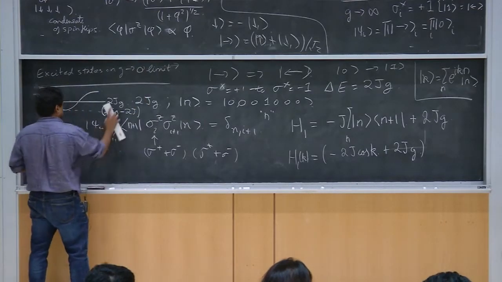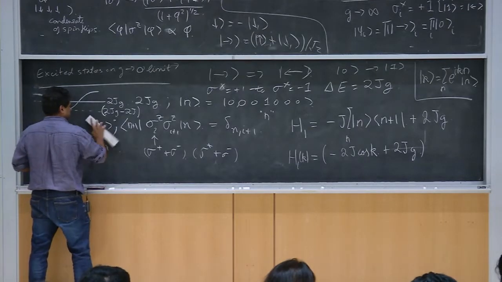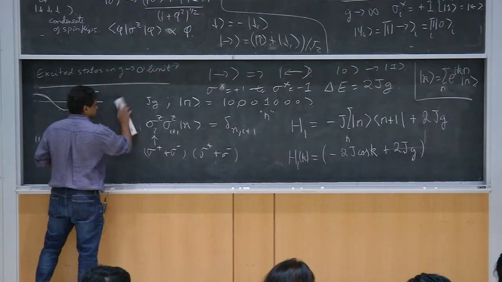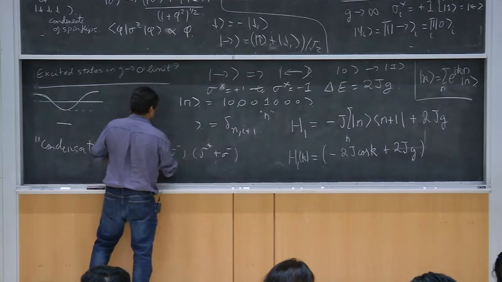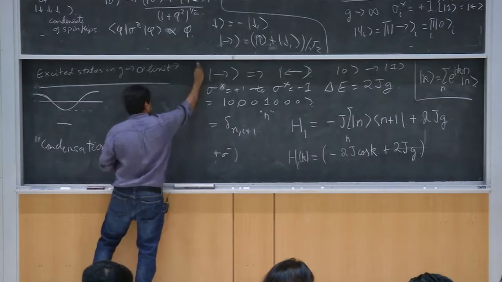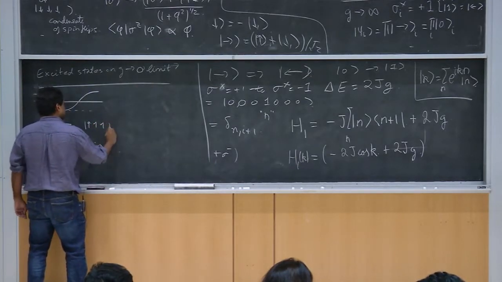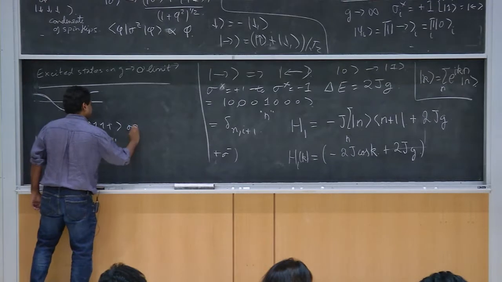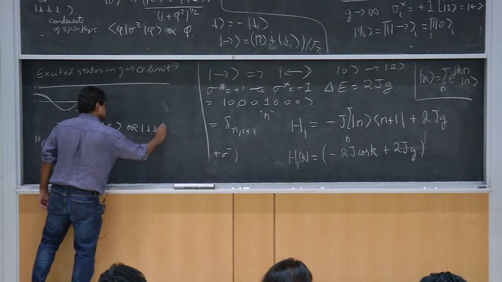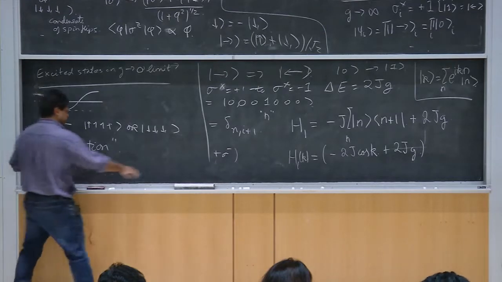Now we figured out what the ground state is. So now let's figure out what the excitations are. The ground state we said was all up or all down. That's at least the limit of G going to 0. And I want now the first excited state, just like I had before.